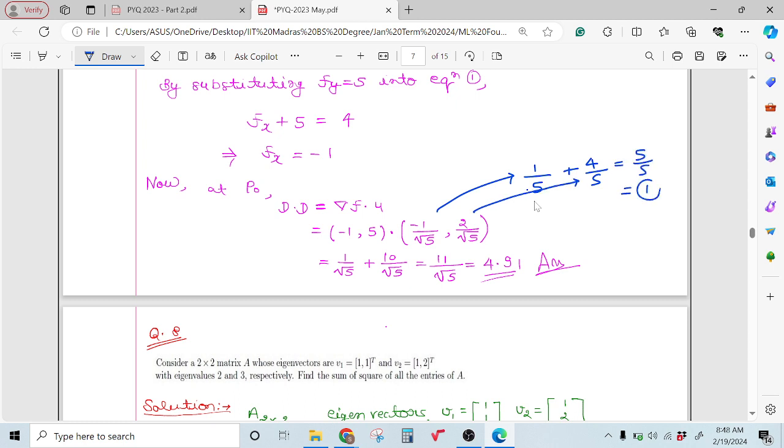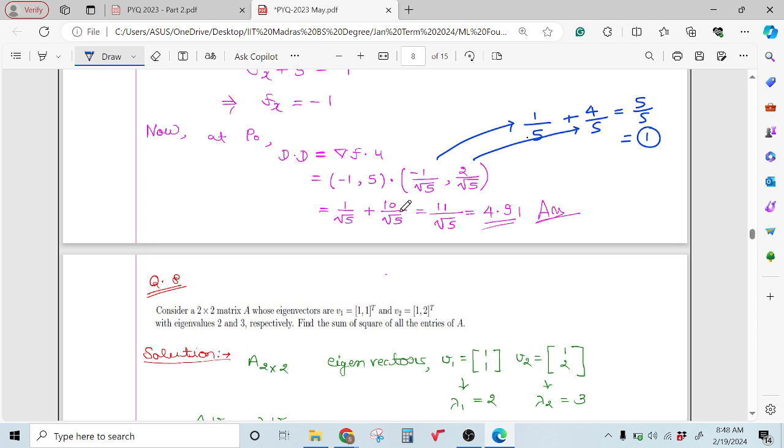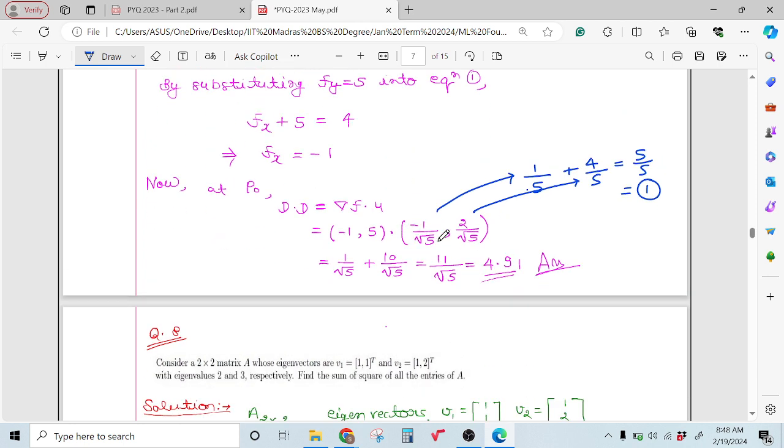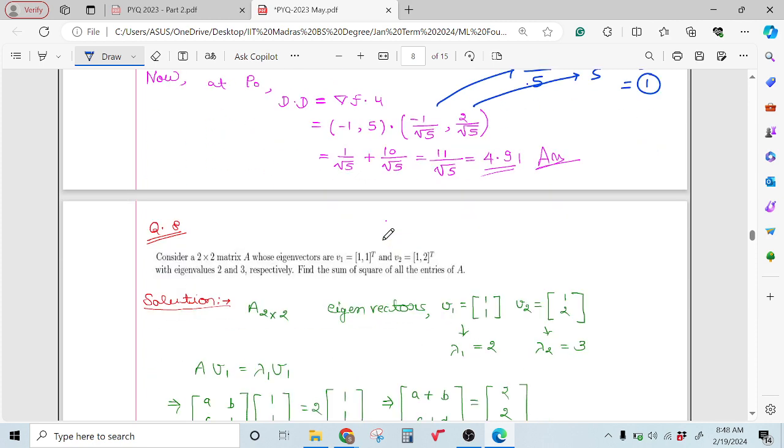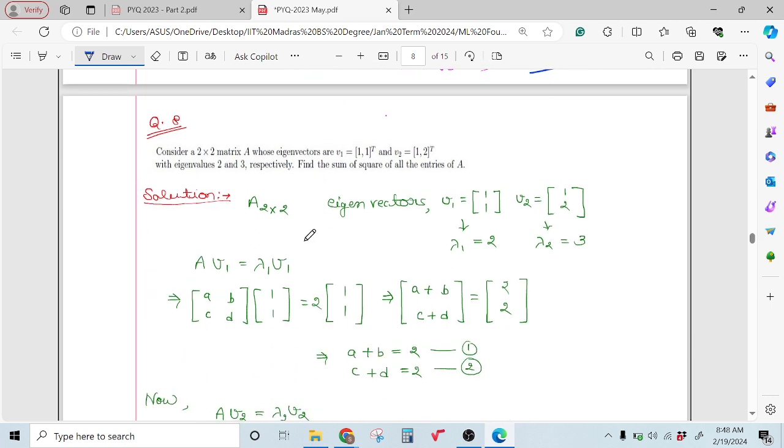This is already a unit vector, so I'll directly take the dot product of (minus 1, 5) with it, which is minus 1 by root 5 plus 10 by root 5, which is 9 by root 5... this is 11 by root 5, approximately equal to 4.91. Okay, so let us proceed with the next problem.